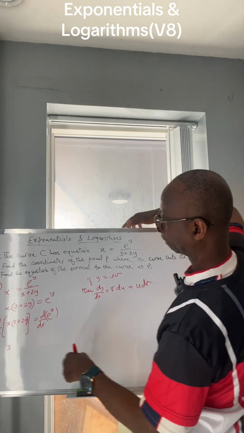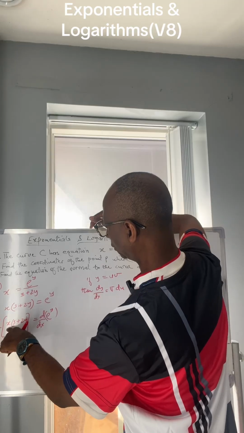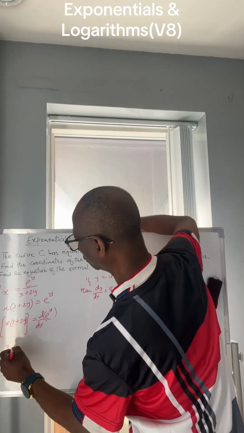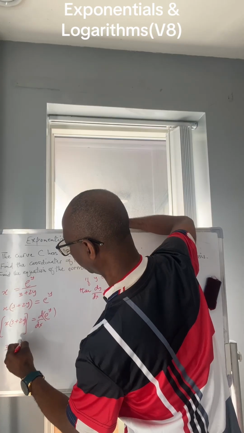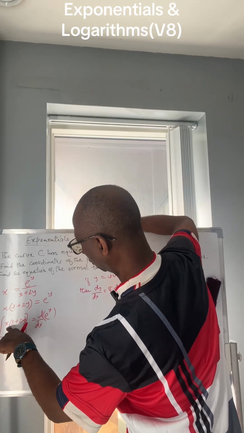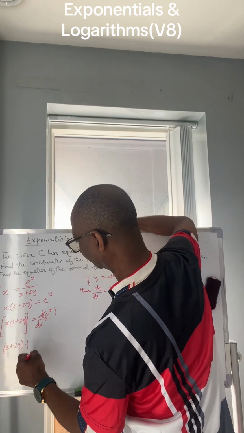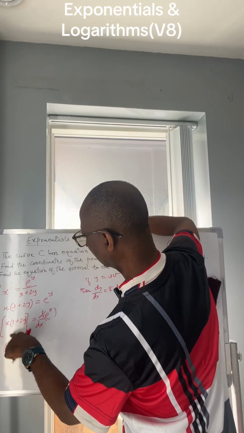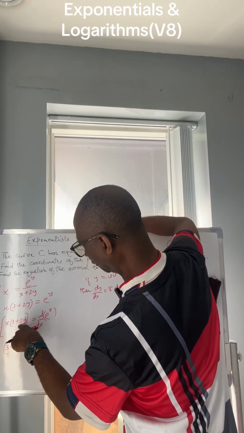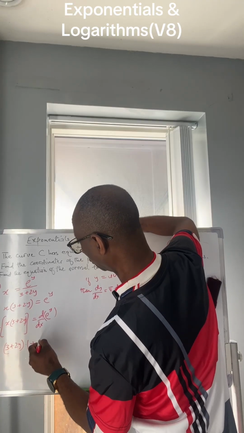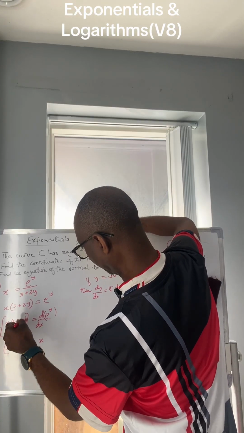This is what I'm doing here. So this is u, this is our v. So v du, therefore 3 plus 2y times, now differentiating x with respect to x, you get 1.